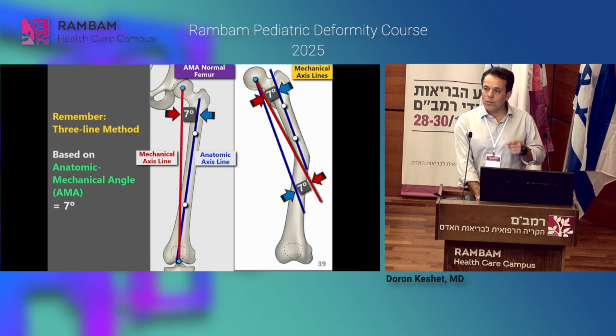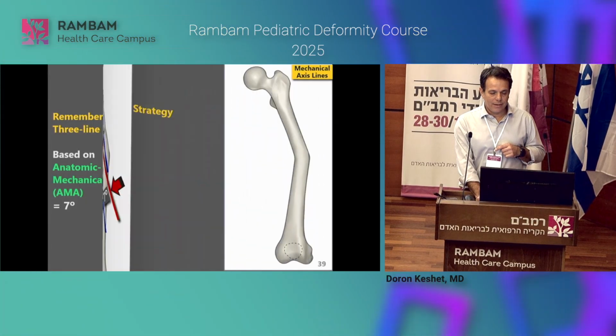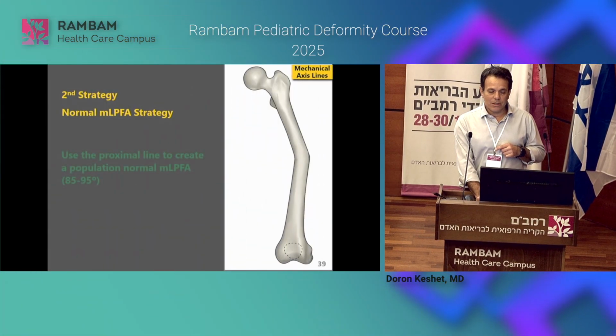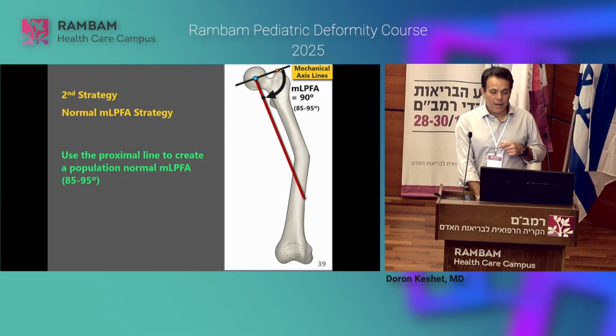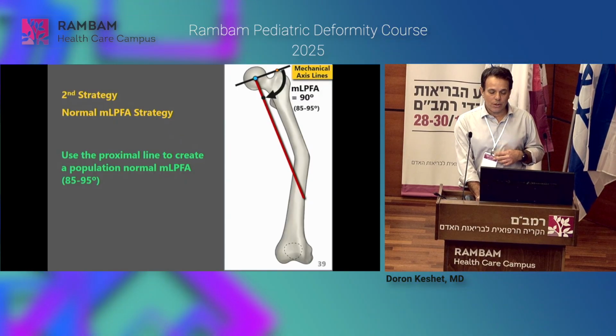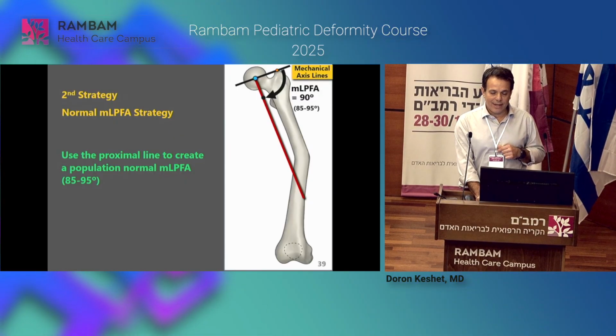And here you can see we use the same principle like the basic anatomy for creating this proximal line. So the second strategy is when we can use the normal mechanical lateral proximal femoral angle. We draw a line and we make it an average, like 90 degrees population average, and we created this line, okay?